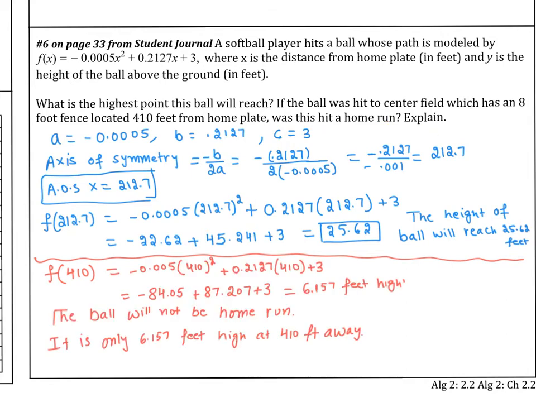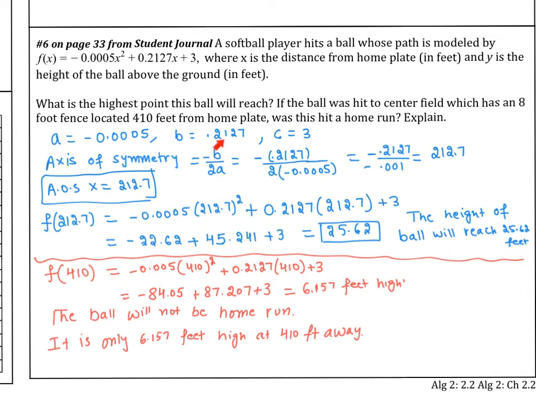Explain. So first thing you want to do is find the height, the vertex y coordinate. You identify a, b, and c from this equation. You find the axis of symmetry, or the x coordinate of the vertex, by using the formula negative b over 2a.